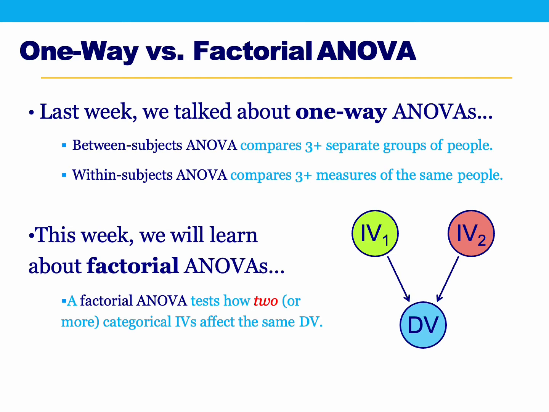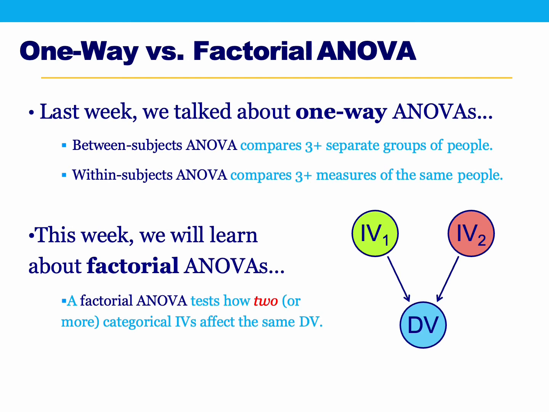So with between subjects designs, we're comparing 3 different groups of people at the same time, whereas with within subjects designs, we're comparing the same group of people at different points in time, and each person participates in all 3 conditions, or all 3 levels of the independent variable.